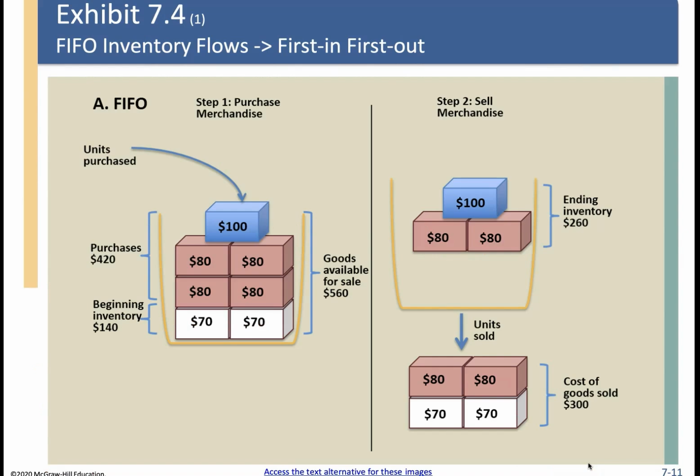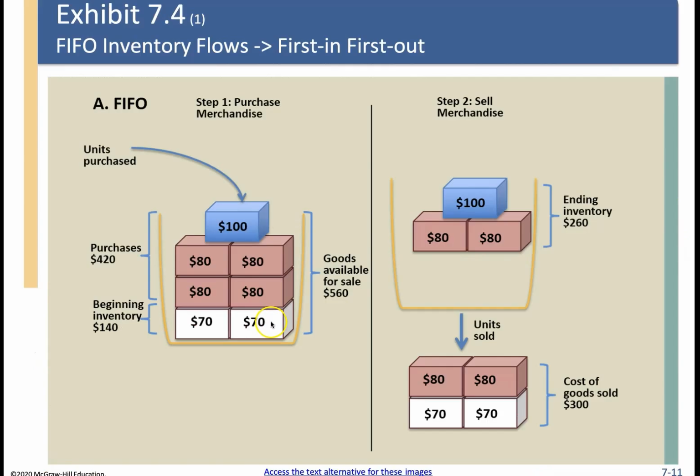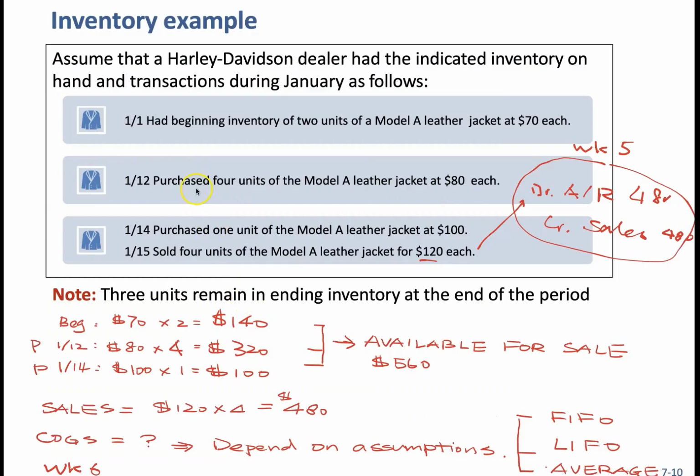The first example we are going to illustrate is first in, first out. From a first in, first out perspective, the 4 units that we are selling on January the 15th would be the 4 units that come into the company first, which would be the beginning balance of the 2 pieces worth $70 and another 2 pieces purchased on January the 12th.